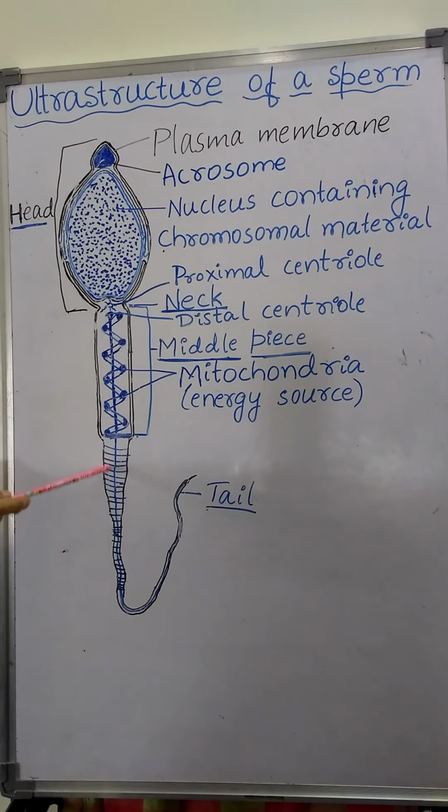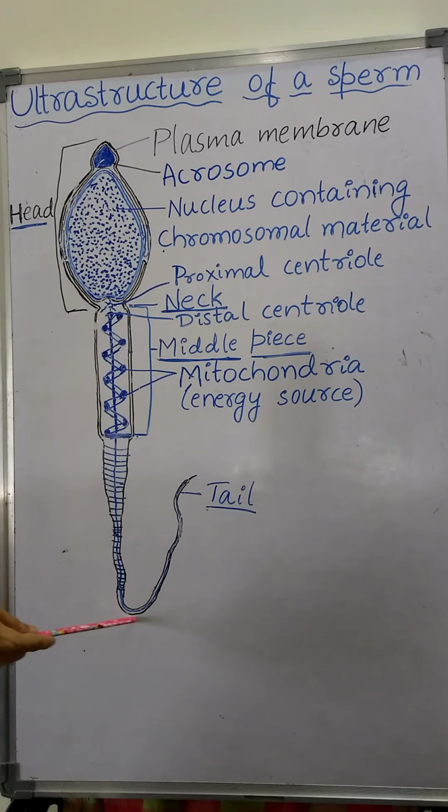The fibrous sheath is present only in the main piece of the sperm tail and is absent in the end piece. Mitochondria are absent in the tail.